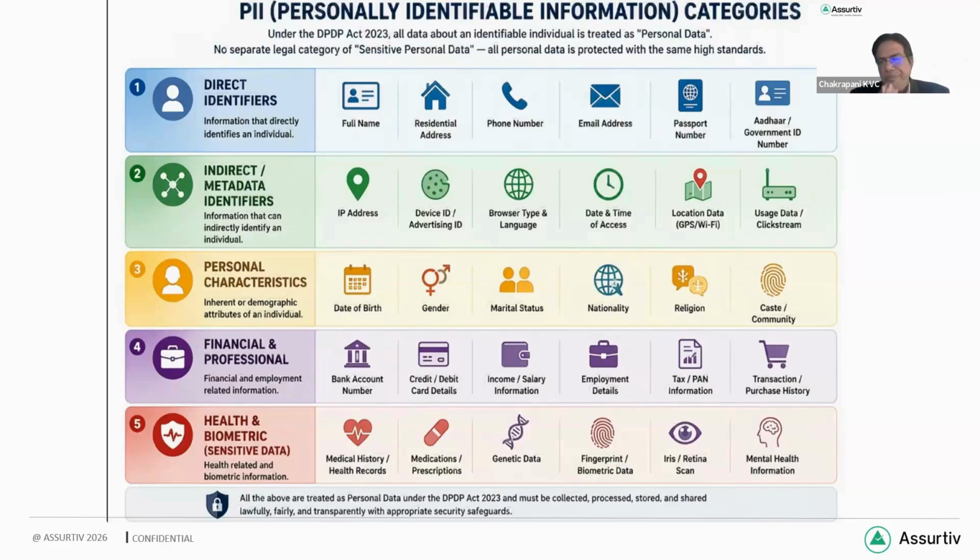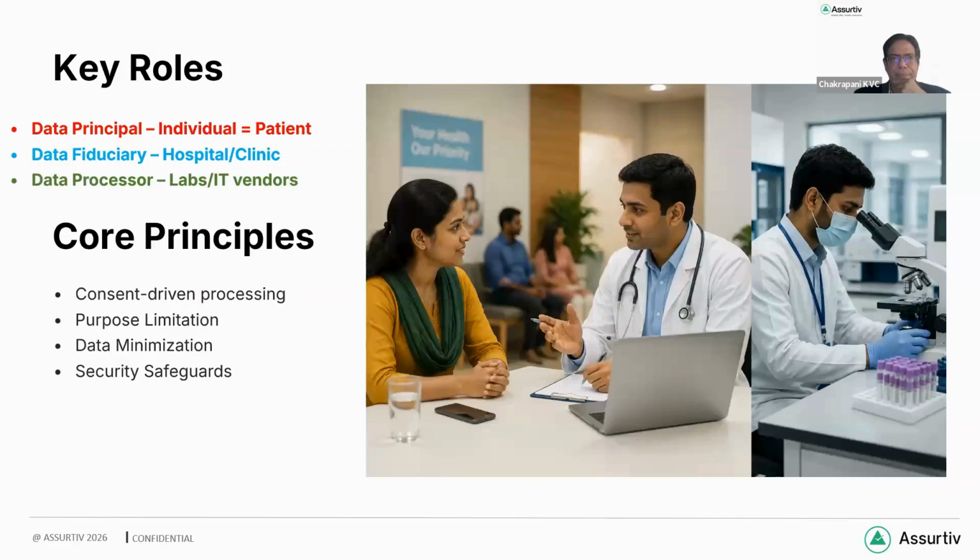If it is a very big hospital, health tech company or healthcare facility where we are processing, storing, collecting or sharing the data, we need to follow the lawful basis. Hope we are clear till now.